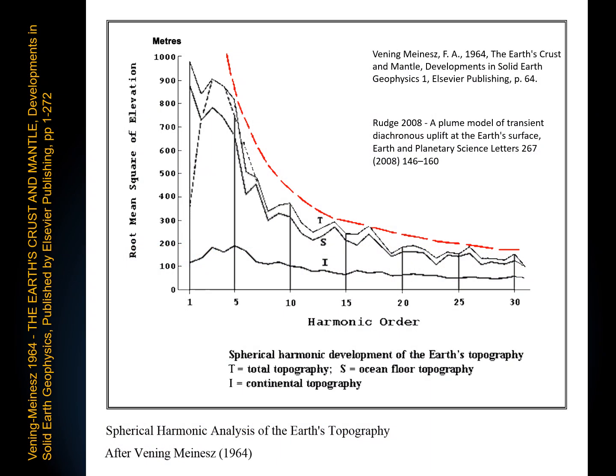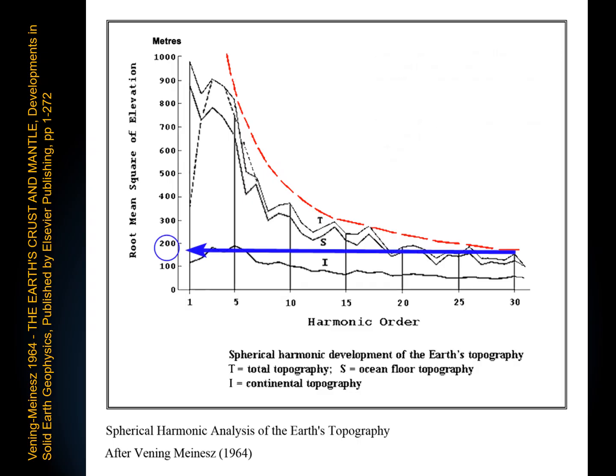The regularity that Vening Meinesz saw is hyperbolic, represented here by the red dashed line. However, we can see that in the first four harmonics in this graph, that relationship breaks down, and primarily the breakdown is due to the strength of materials.